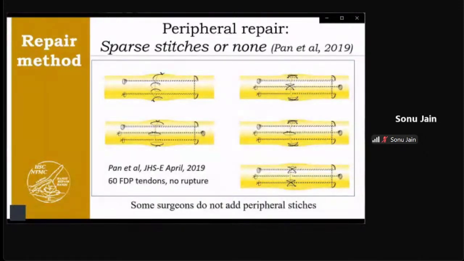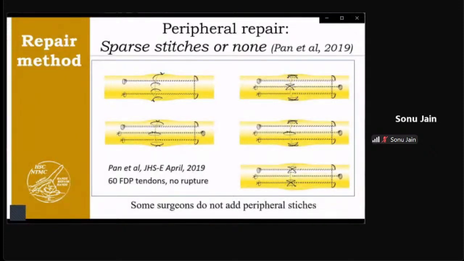With a very solid 6-strand repair, we do not need a traditional peripheral suture. We only need to put a few separate stitches, such as 2 or 3 stitches of circle across to close any big gap which is left with a 6-strand repair.